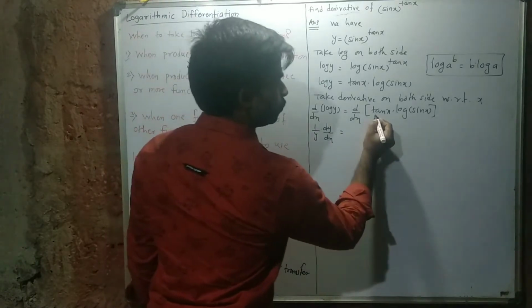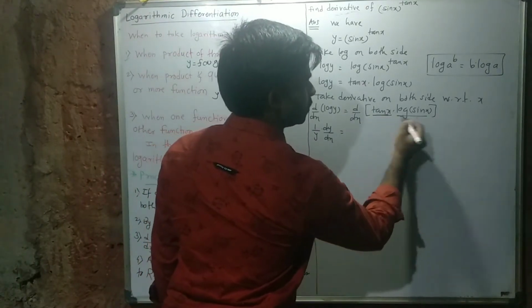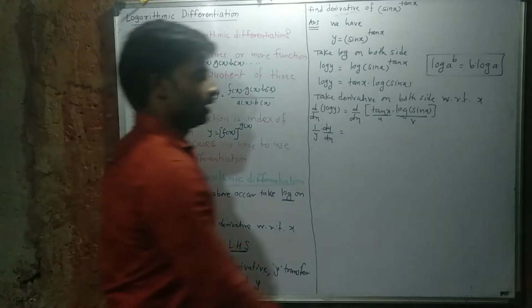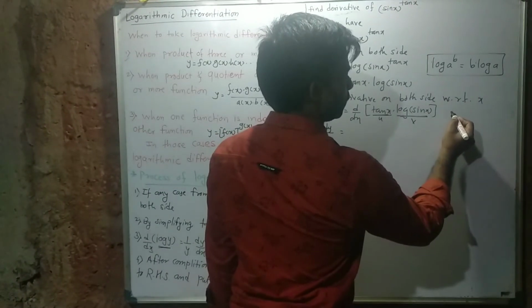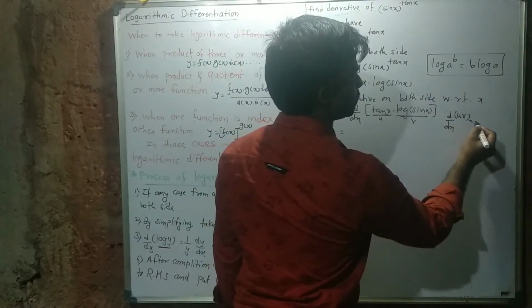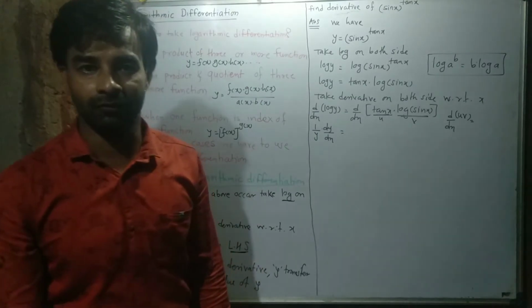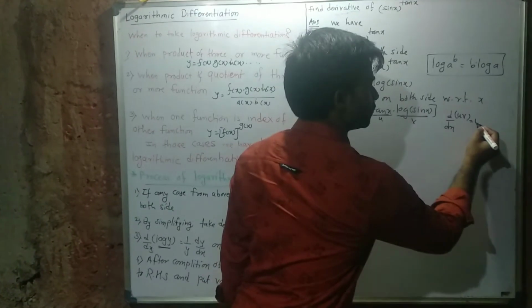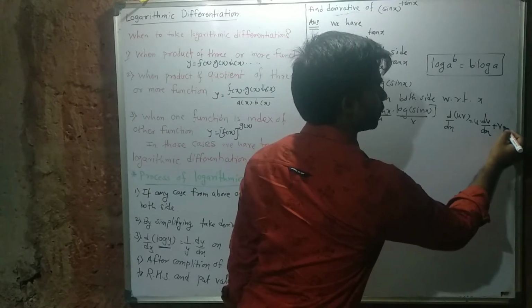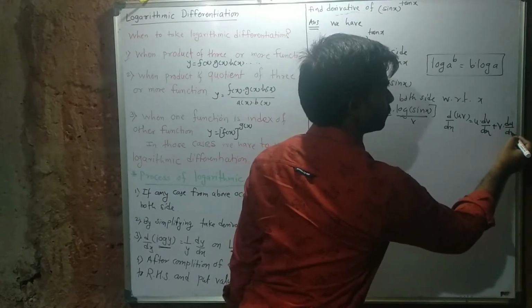And here two functions u and v are there, so we use the derivative of u into v. The derivative of the multiplication of two functions is the first function as it is into the derivative of the second, plus the second function as it is into the derivative of the first.